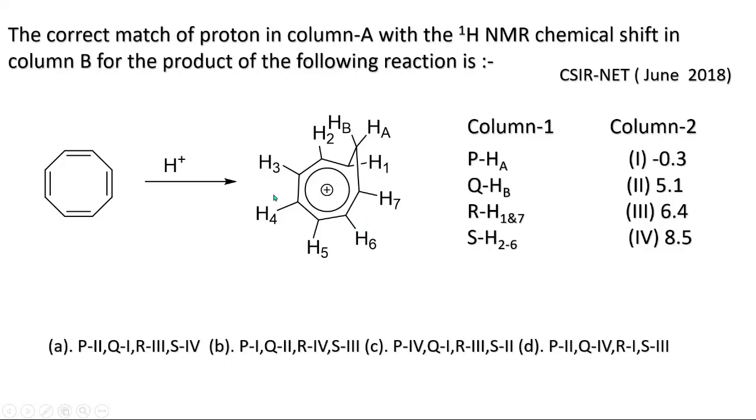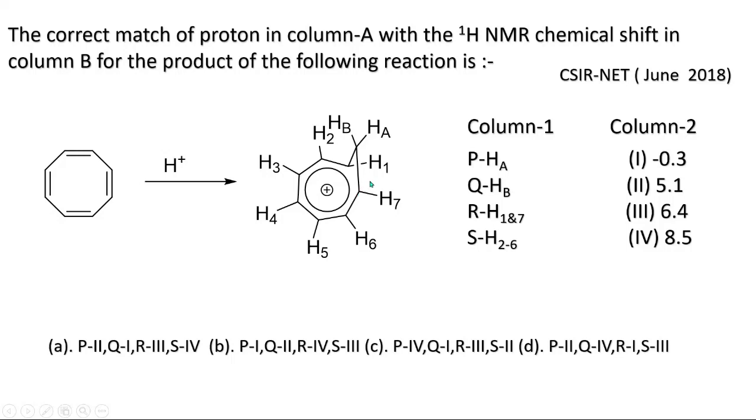So this proton resonates at a somewhat lower value because these are attached to sp3 hybridized carbon atoms and those are sp2 hybridized carbon atoms. So 2, 3, 4, 5, 6 will resonate at a much higher value, that is 8.5, and 1 and 7 will resonate at 6.4 because of some sp3 hybridized character in these two carbons.